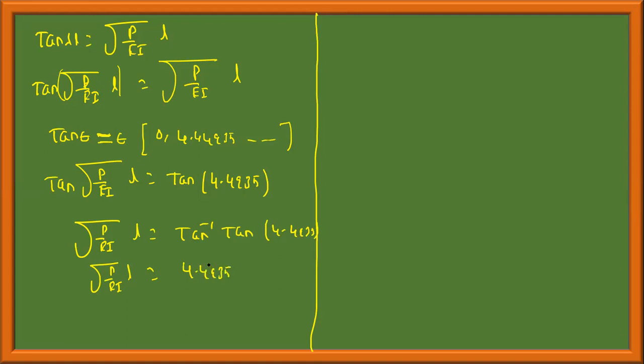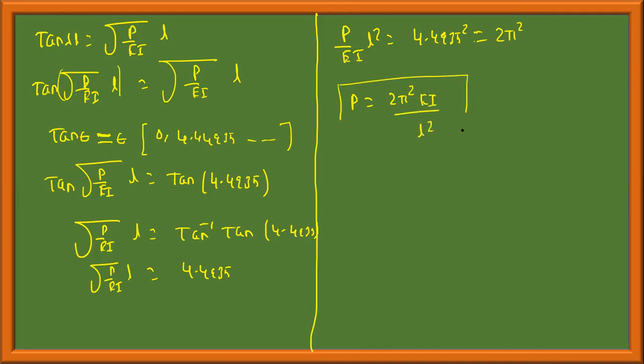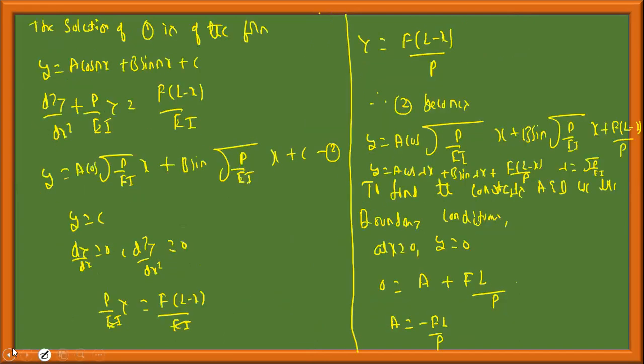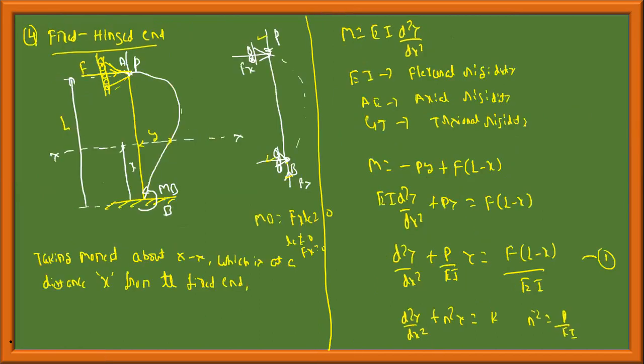I can write this in the form P by EI into L square is equal to 4.4935 square, which is equal to 2 pi square, or P is equal to 2 pi square EI by L square. This is the load for a column with one end fixed and the other end hinged. This is how we are going to derive it.